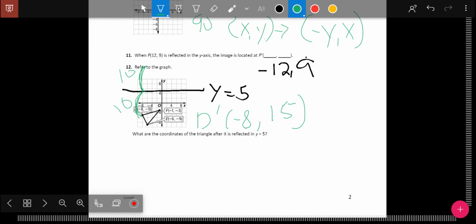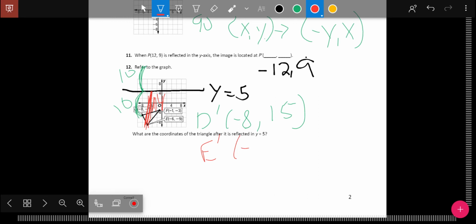I do the same kind of thing for E and then F. For E, this difference right here is 9 up, and then 5 more is 14. It's a 14 difference.